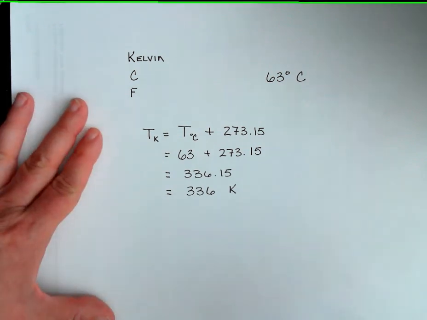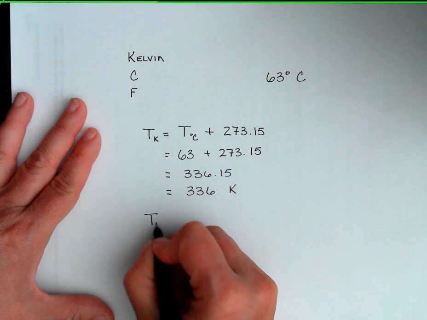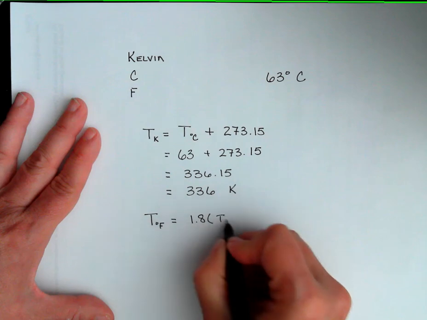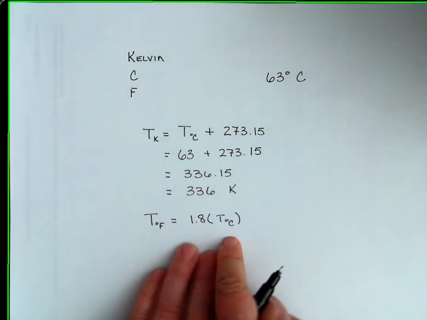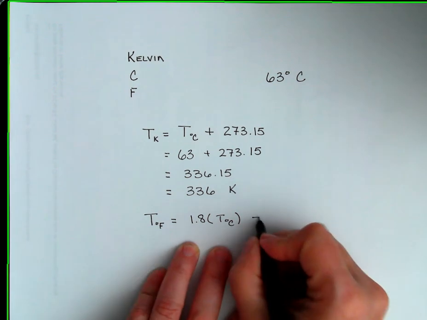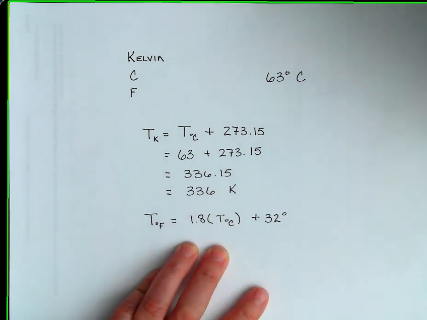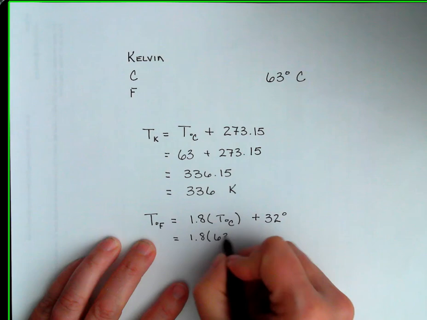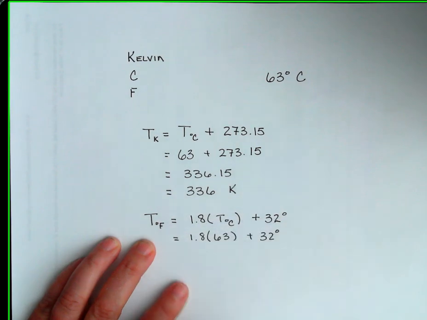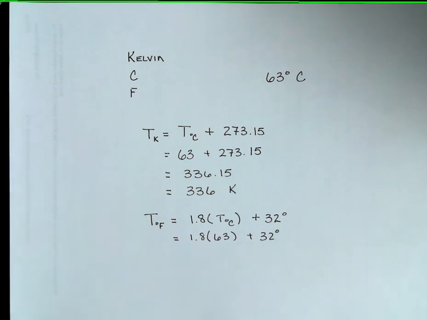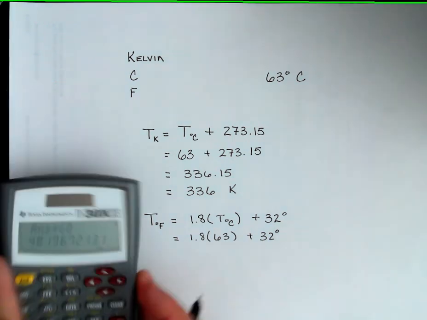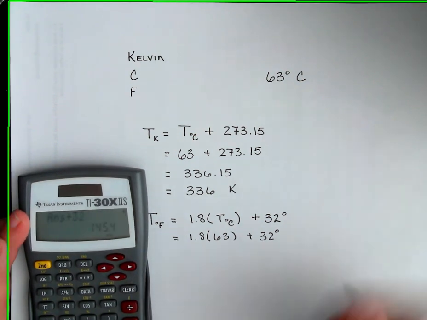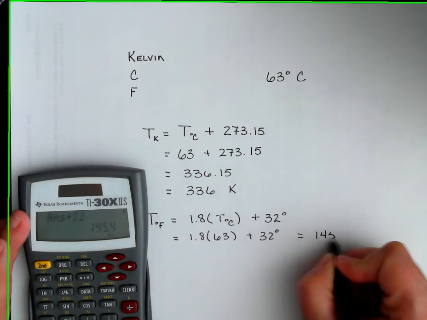If I want to convert that to Fahrenheit, the temperature for degrees Fahrenheit is equal to 1.8, and you can find different types of conversions for Kelvin or for Fahrenheit and Celsius, but this is the one that my Concepts of Physics or Concepts of Chemistry book uses, so we're going to do that, and that's plus 32 degrees, so I'm going to do my 1.8 times my 63 plus 32 degrees, and I'm going to do that calculation. 1.8 times 63 plus 32 gives me 145.4.